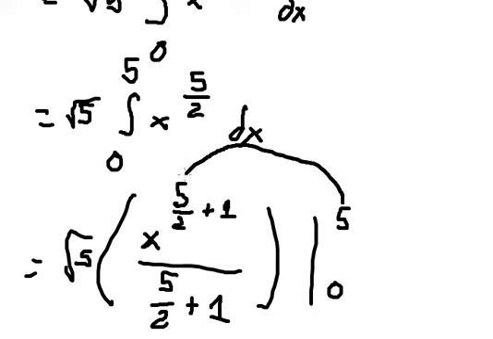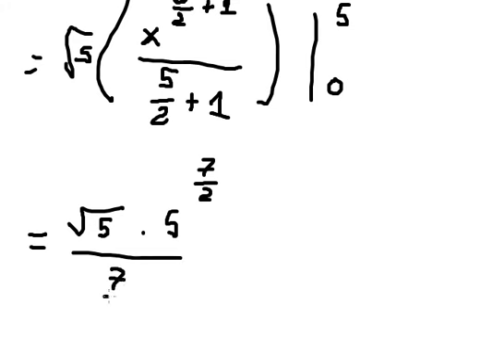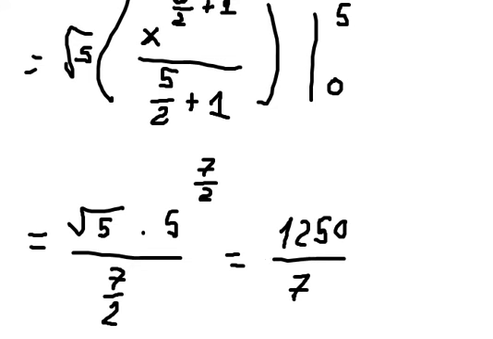So I will put number 5 gone here, number 0 gone here. And this one we have 1250 over 7. And this is the final answer.